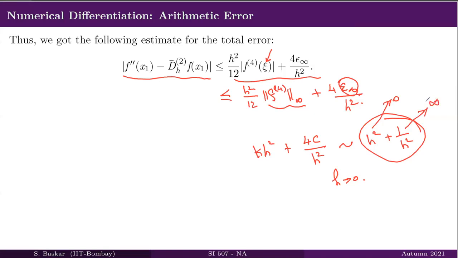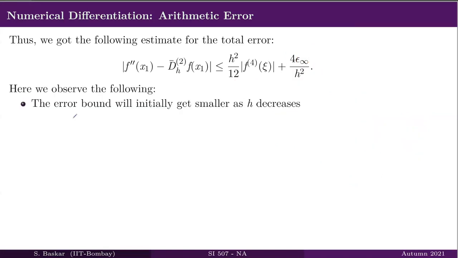So that shows that even if you have a small error in your function value, which is very likely when you implement all these formulas on a computer, then if you go on decreasing the value of h, you may be hoping that you get better and better approximation for your derivative, but actually the presence of the floating point approximation will eventually make your approximation very bad. So that is the dangerous part of dealing with numerical differentiation on a computer.